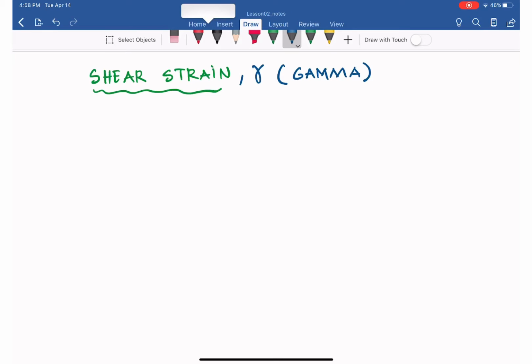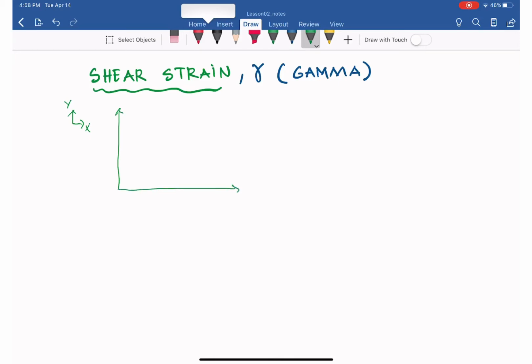So let's put a diagram to show what that is about. If we call it the x and y direction, in 2D we have the x and y axes, and we have the original body, let's say a square block.